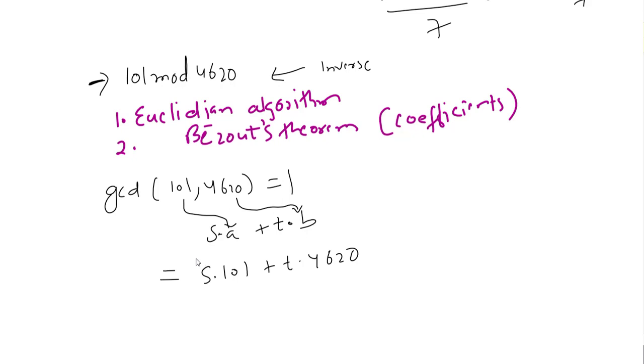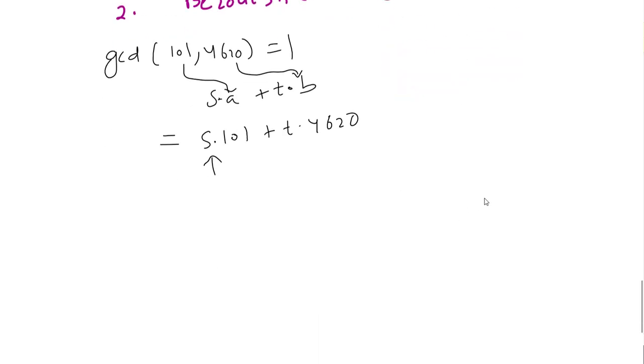Then the value of S will give us the inverse. So let's begin with the Euclidean algorithm. Since we have 4620 and 101, if 4620 is the dividend, then it is equal to 45 times 101, and we'll get a remainder of 75.